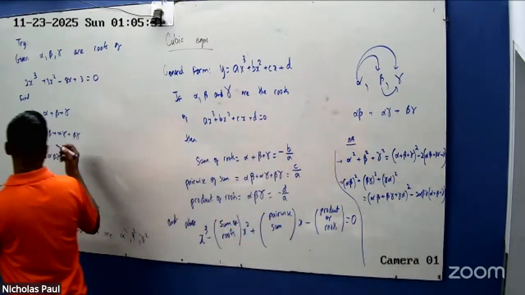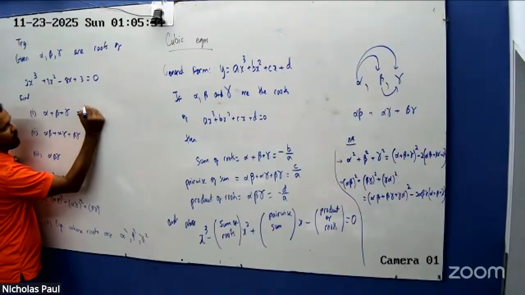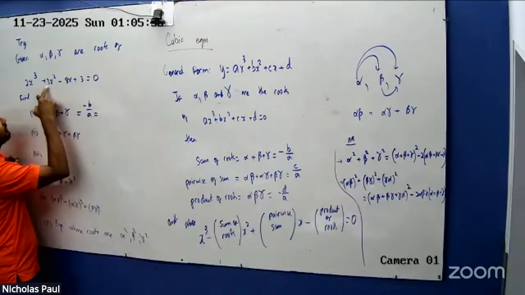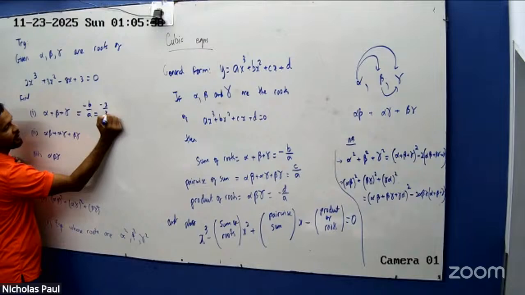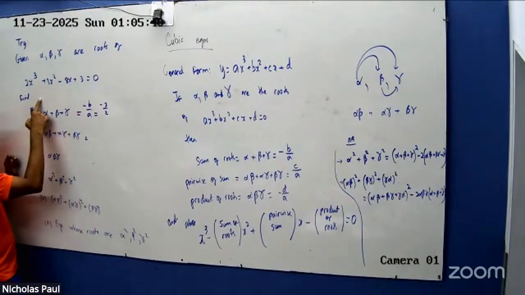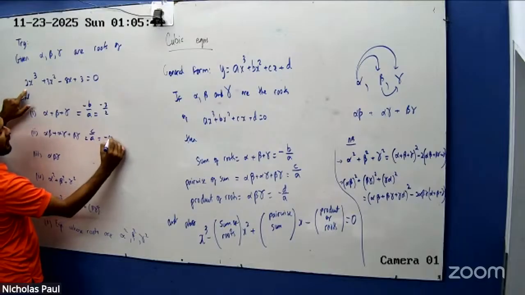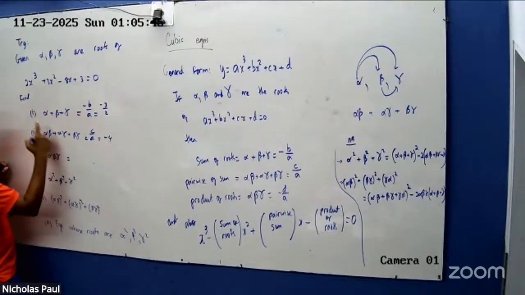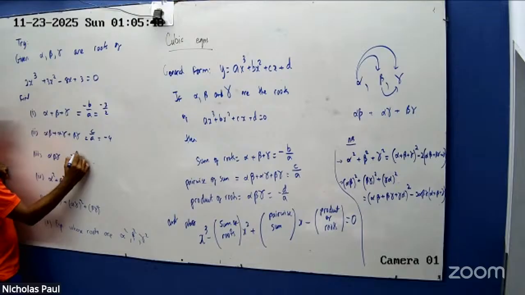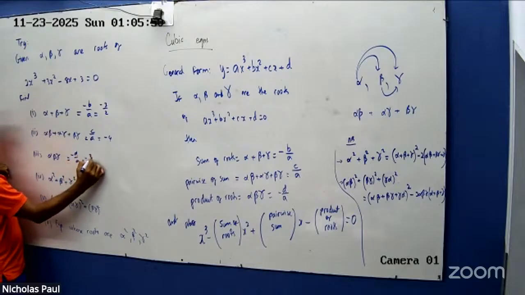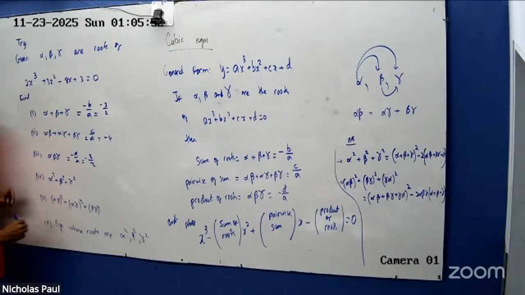So we should have alpha plus beta plus gamma, that's minus b on a. So I have minus 3 on 2. Pairwise sum, that'll be c on a, so that's minus 8 on 2. So I got minus 4. Alpha beta gamma, that's minus d on a. So I got minus 3 on 2 again.